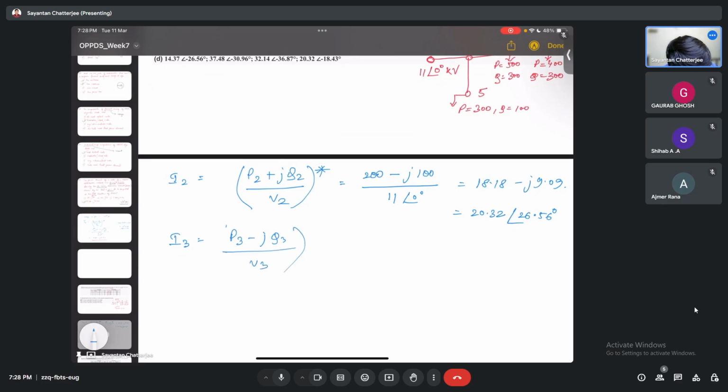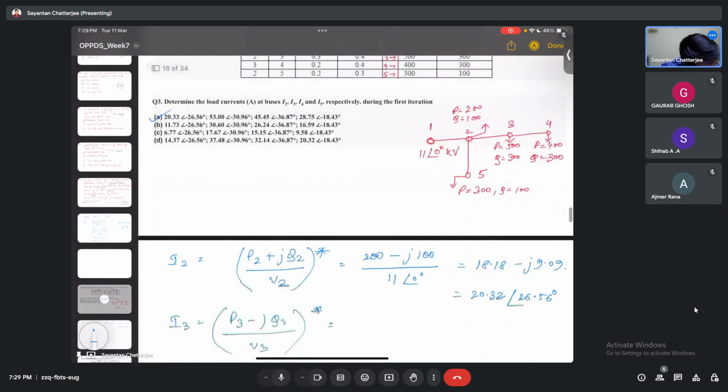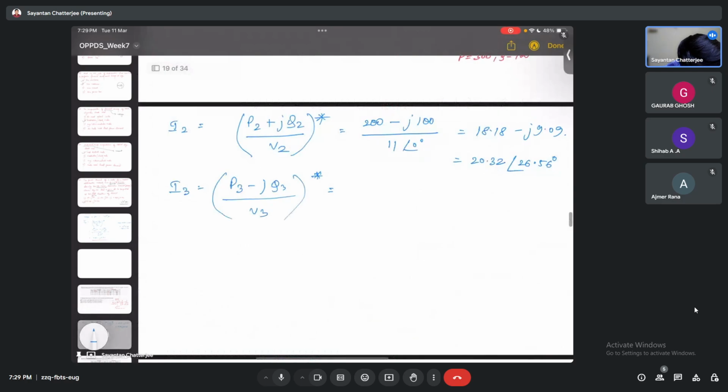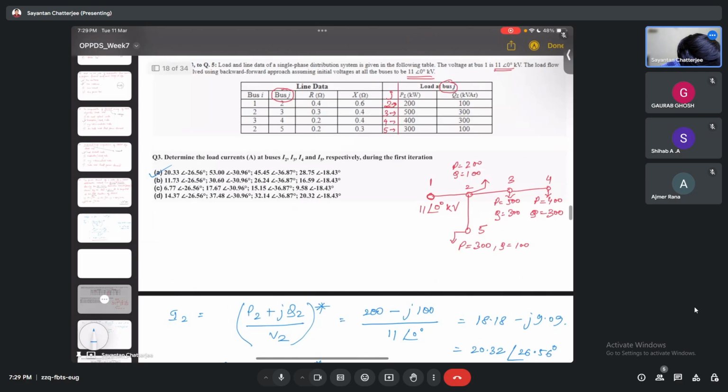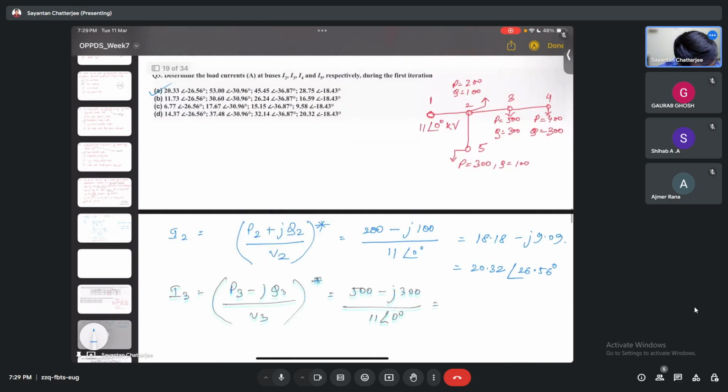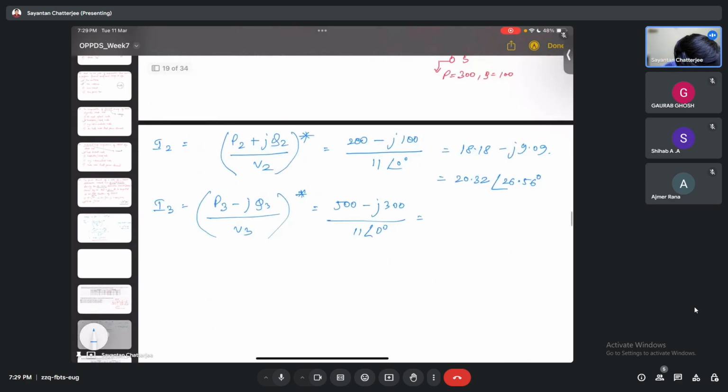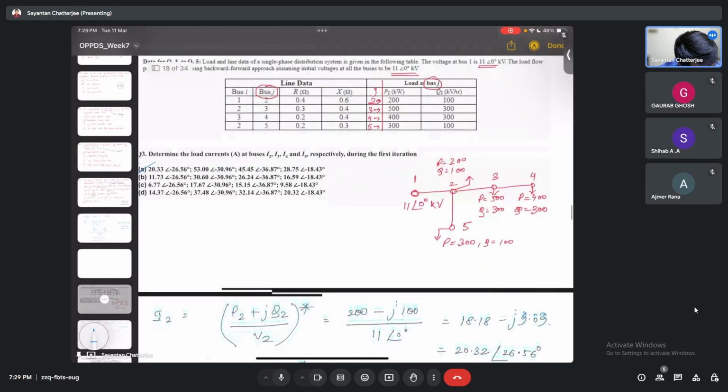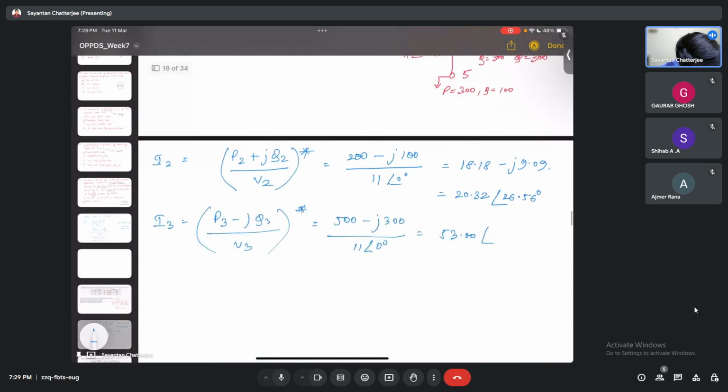I3 would be 500 minus j300 by 11. So the answer would be 53 minus 30.96. Option A is correct.